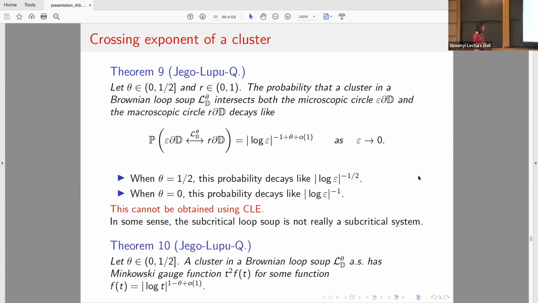As a result of the crossing exponent, we were also able to show that a cluster in a Brownian loop soup with intensity theta almost surely has Minkowski gauge function t squared f(t), for some function f(t) which scales like log t to the power of 1 minus theta plus little o(1).